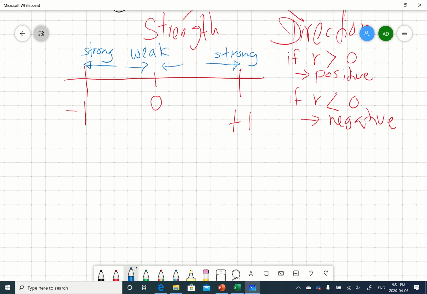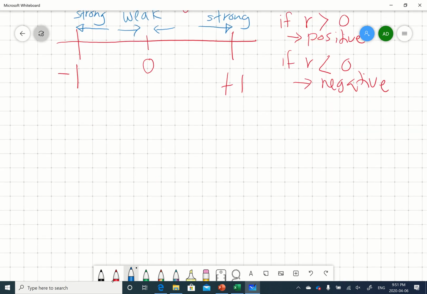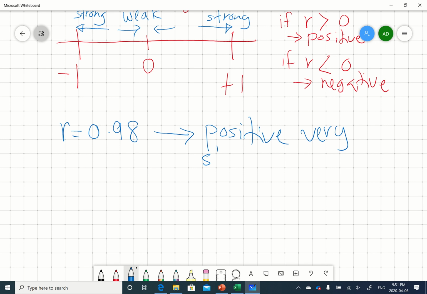So if you think of some examples, if your data set gives you a value R equals 0.98, this means R is positive and it's closer to 1, right? So positive, you can say very strong linear association.